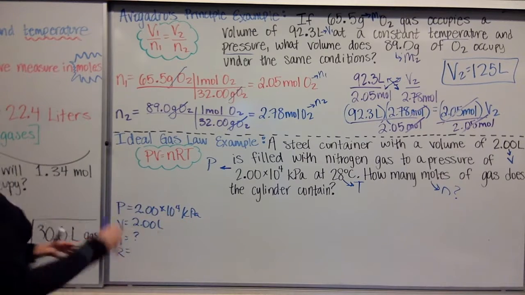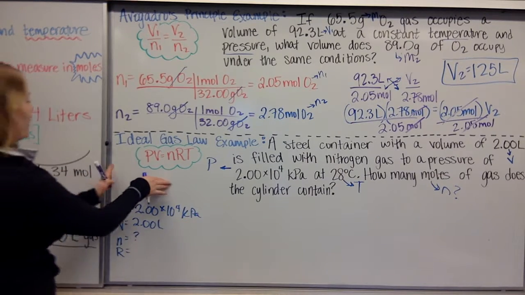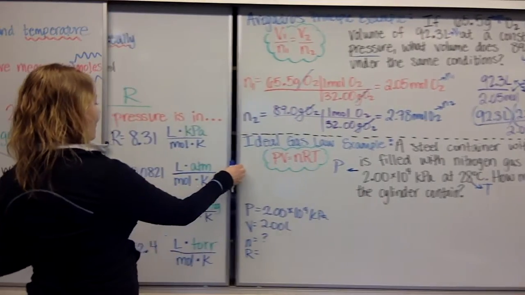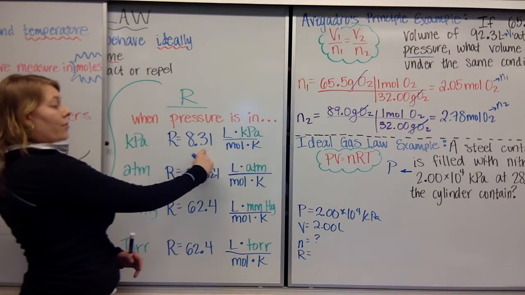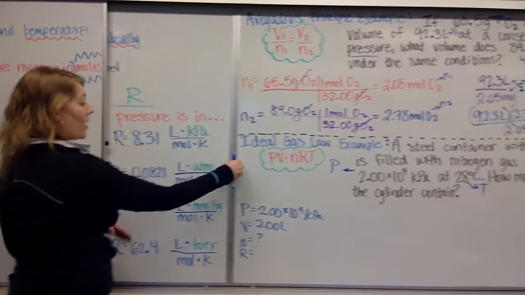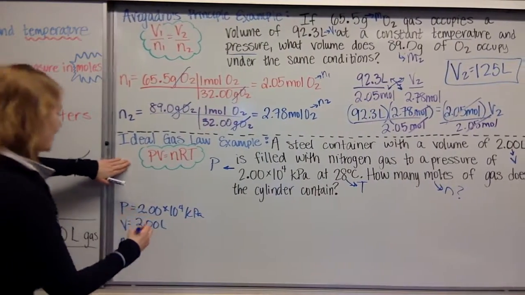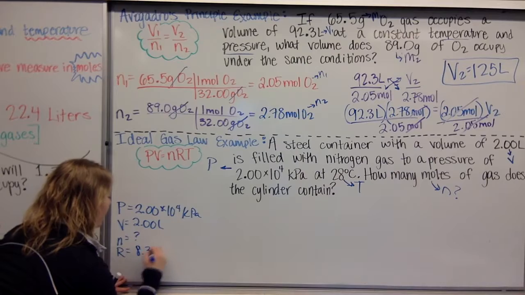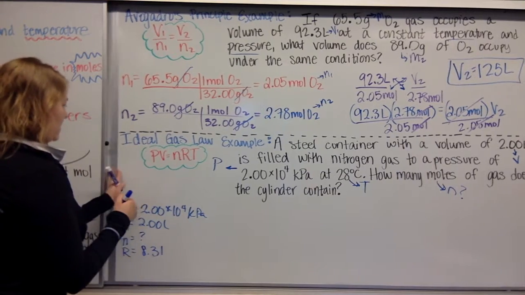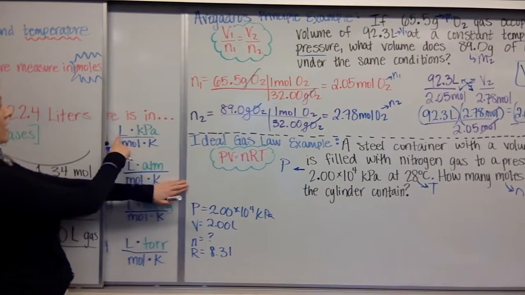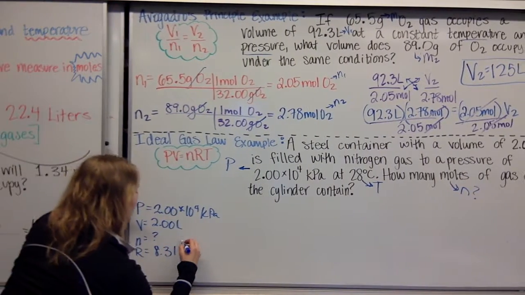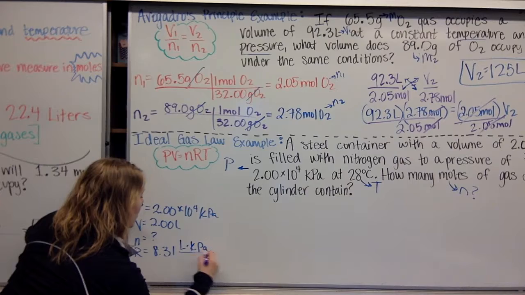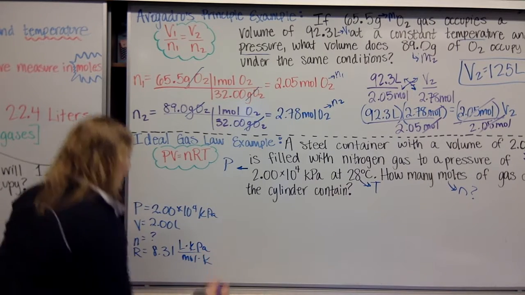Our pressure is in kPa, so we want the gas constant that uses kPa, which is right here, 8.31. Okay, so our R value, our gas constant, is 8.31. Right? And look at our unit, liters times kPa over mole times K.